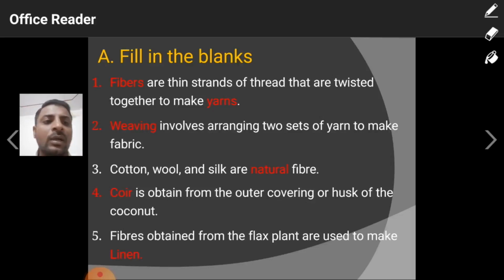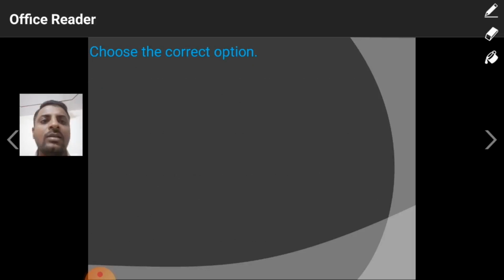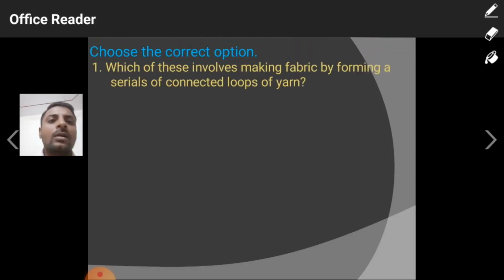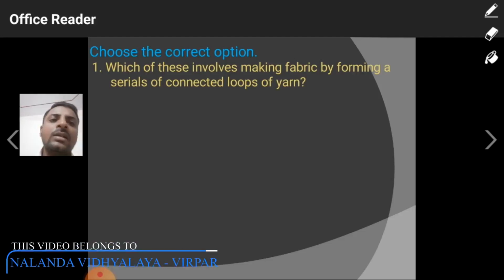Let's go further to the next question, that is, choose the correct options. MCQs. In the textbook you can tick and also underline the correct answer. The first one is, which of these involves making fabric by forming a series of connected loops of yarns?